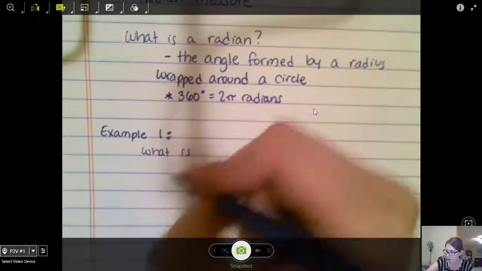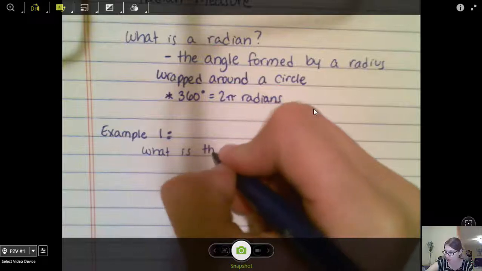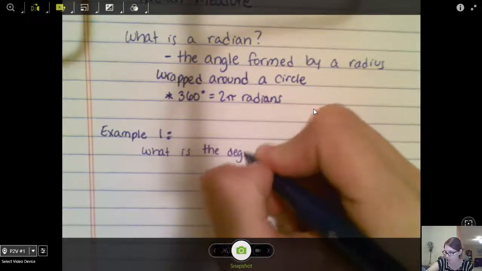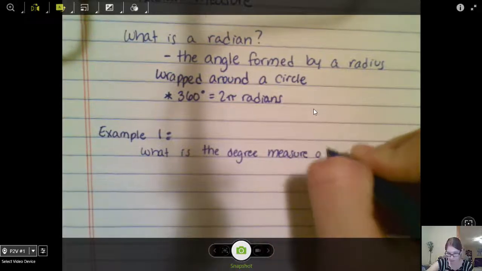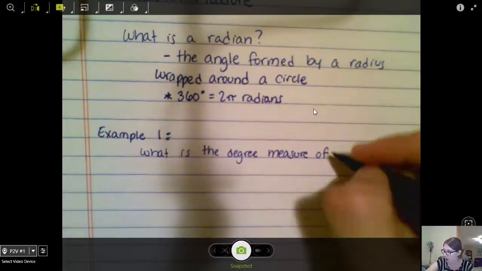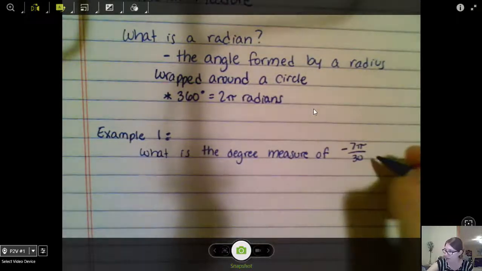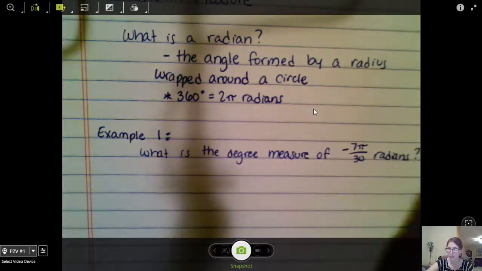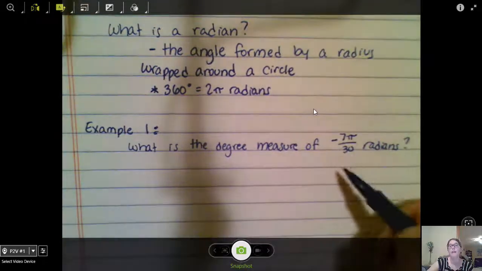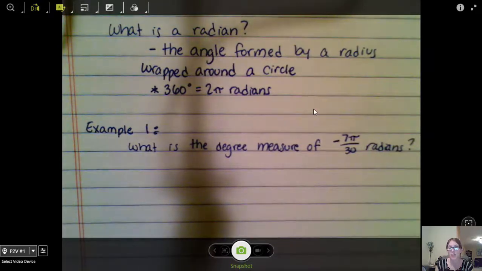And I will convert both ways. My first part in example 1, let's convert: what is the degree measure of -7 pi over 30 radians? So first of all, this is an angle measure. -7 pi over 30 radians is an angle measure.